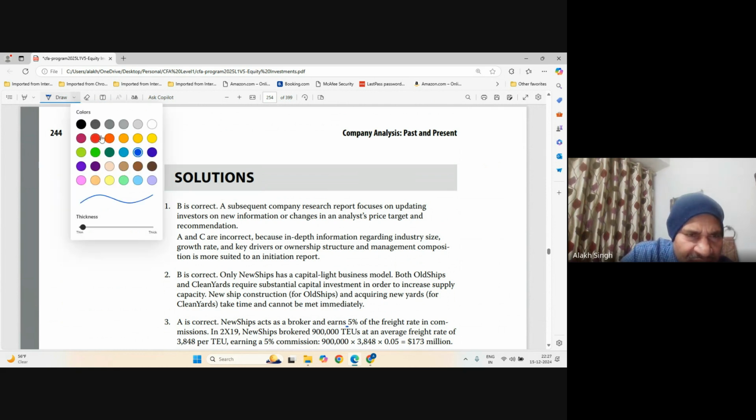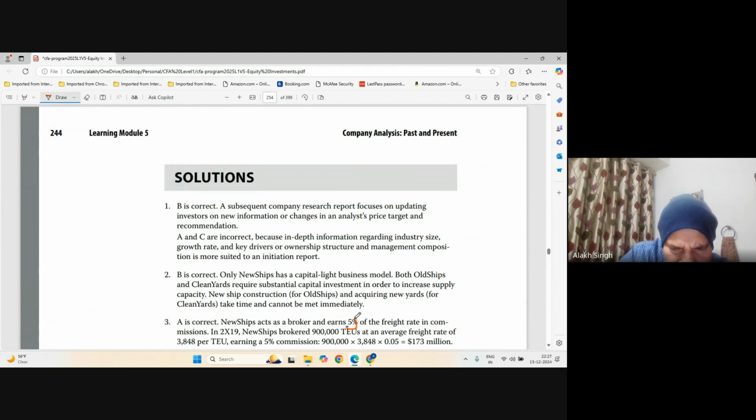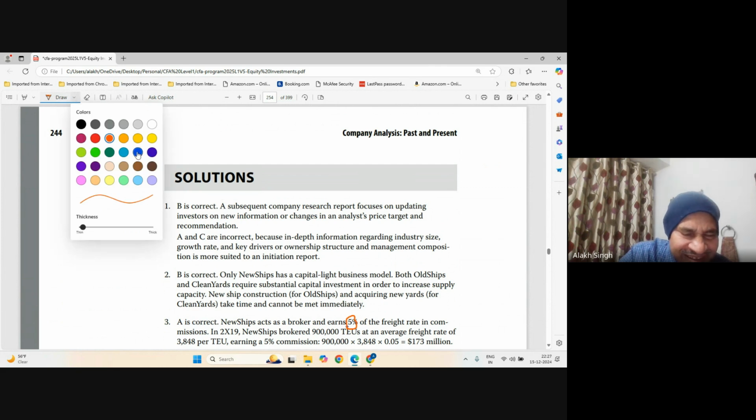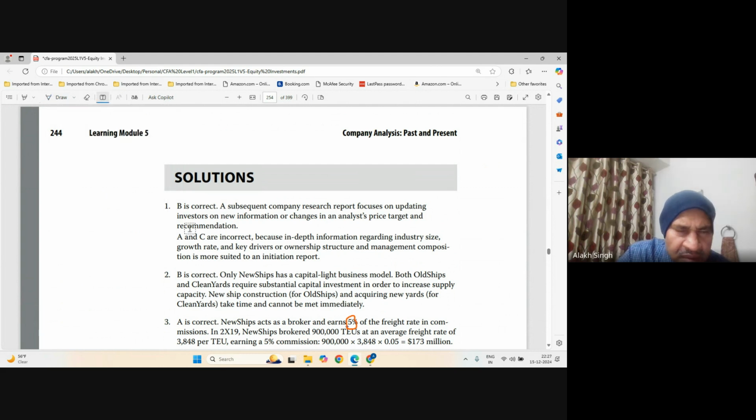So the book is having a problem. This one is 6%. Same formula, it will be 6%. So A is the correct answer.